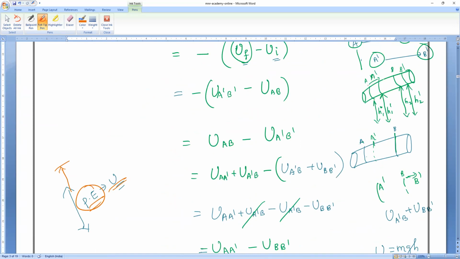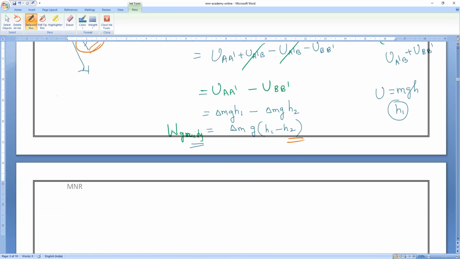First from A to B, A dash is in the middle. Then from A dash to B dash is how the potential energy height changes. So from A to B means A to A dash plus A dash to B. Then from A dash to B dash means A dash to B, then B to B dash. That is the total initial and total final potential energy. Understand?